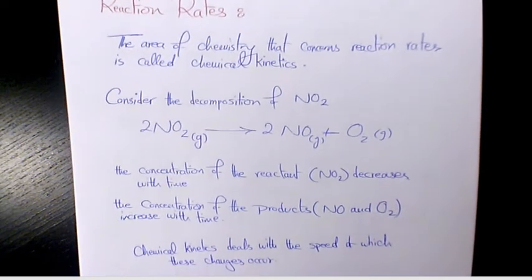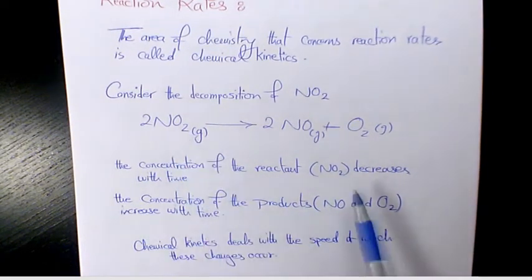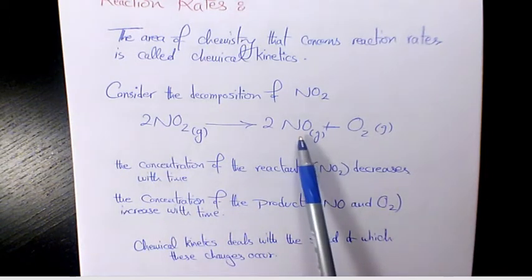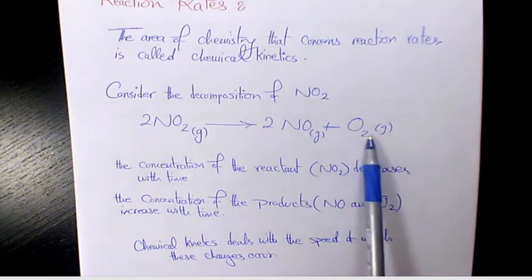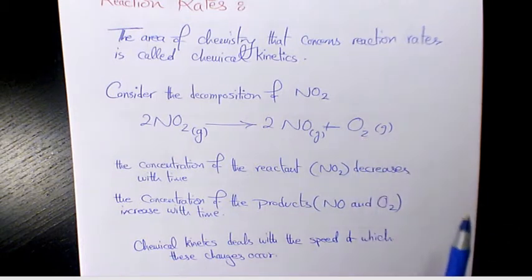The concentration of reactant, which is NO2, is decreasing over time, and the concentration of products, which is NO and also oxygen, is increasing over time. So it means that the reactants are being consumed over time and the products are forming or being produced over time. So the concentration of NO2 is decreasing over time and the concentration of NO and O2 is increasing over time.